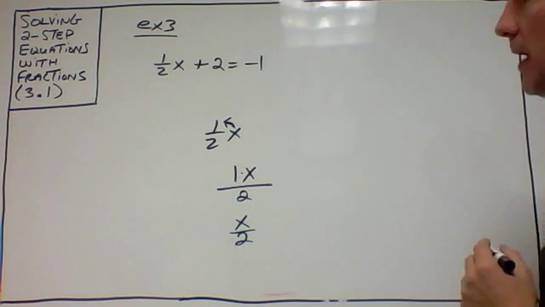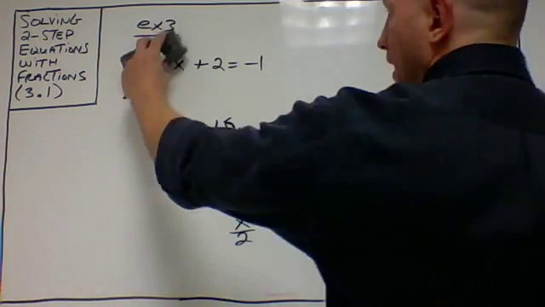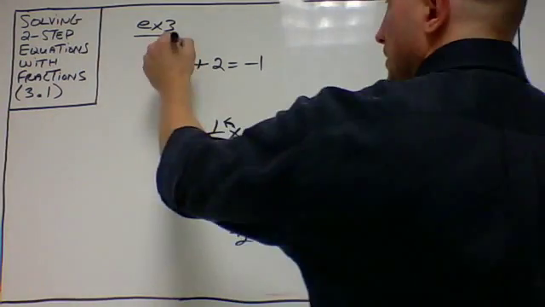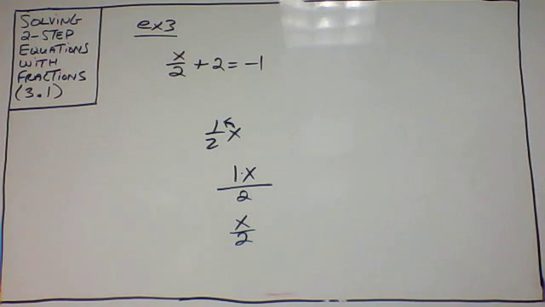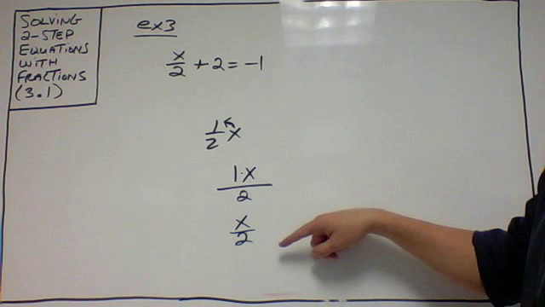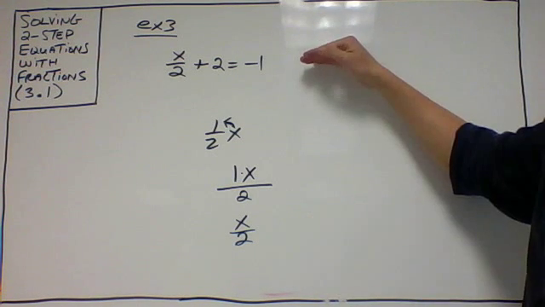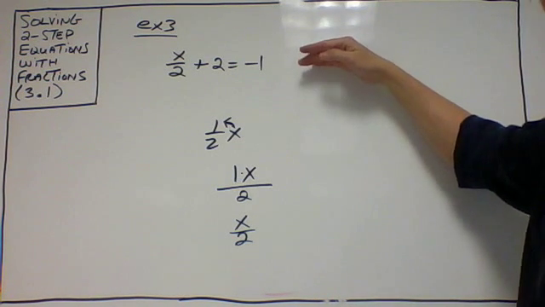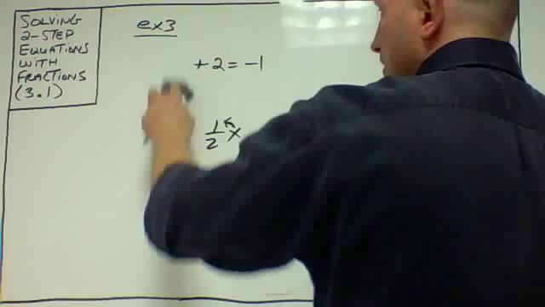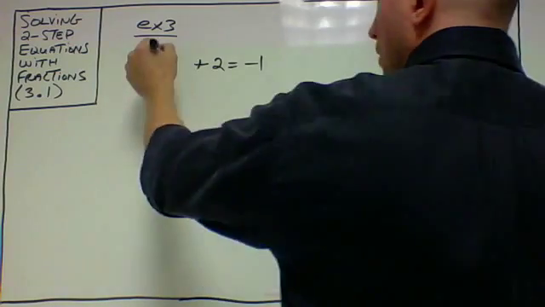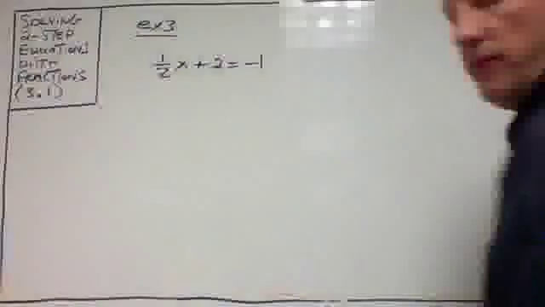So that's first just about how to rewrite a term to make the equation look a little bit different, so this way you can solve it a little bit differently, but we're going to just use it as a half x for now.